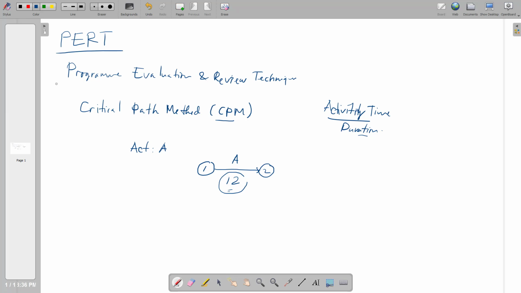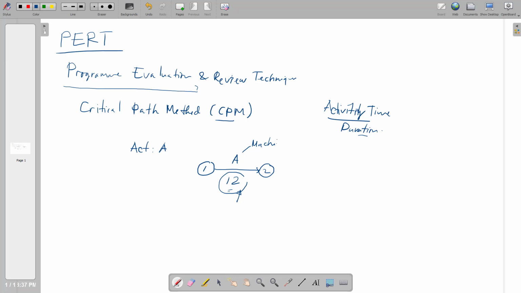Now, where does PERT come in within the concept of the time estimate for each activity? When we start a project and set up the duration, for example, A is probably a machining task.